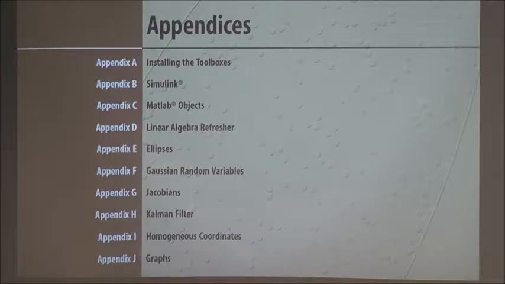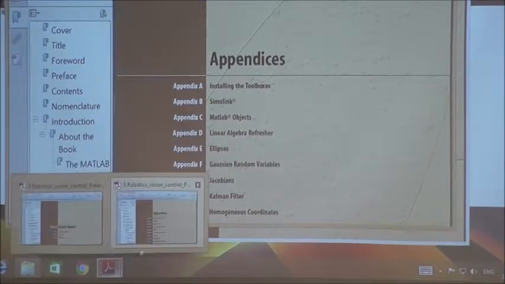It's essentially a Gaussian-based optimum estimation algorithm, named after Professor Rudy Kalman, who created that filter. Homogeneous coordinates you have already seen in the manipulator section of the course, and in graphics, which is general knowledge. So today you will see that Appendix I comes into the picture in our discussion.